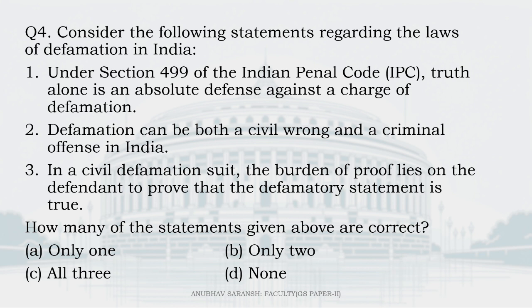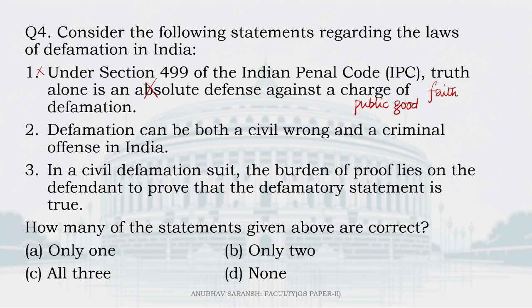Now see, as far as statement 1 is concerned, that is actually wrong. So under section 499, truth alone is not an absolute defense. The statement must be made for the what? For the public good. And of course, must be in good faith also.